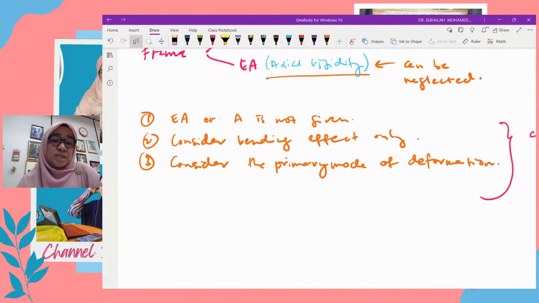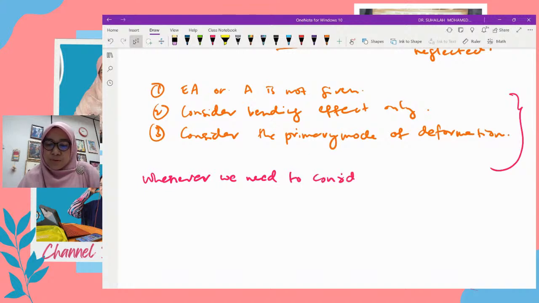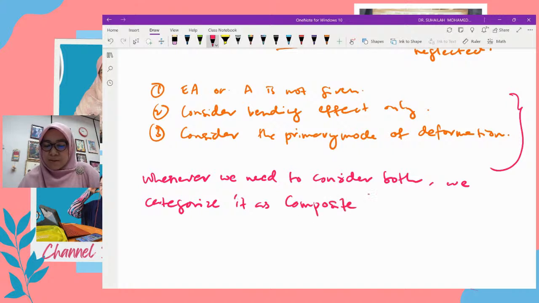Whenever we need to consider both, we categorize it as a composite structure.